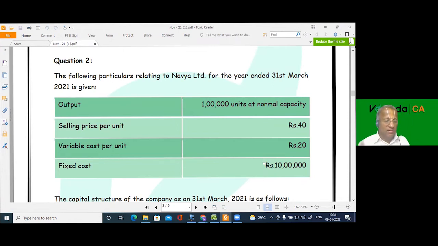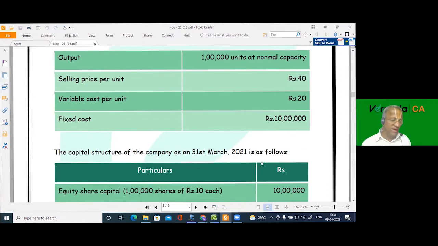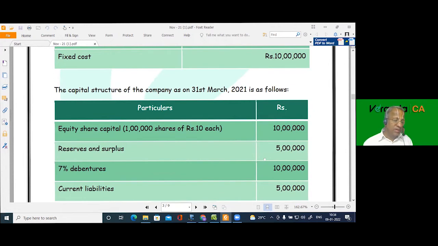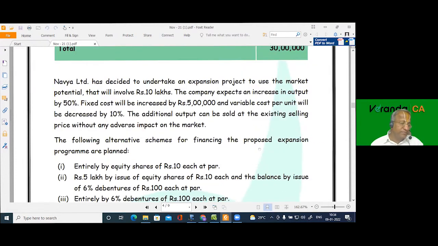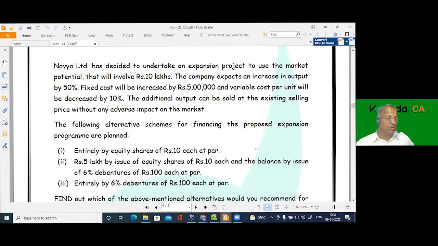Output 1 lakh units, normal capacity, selling price 40, variable cost 20, fixed cost 10 lakhs. Capital structure: equity capital 1 lakh shares of rupees 10 is 10 lakhs, reserves and surplus 5 lakhs, 7% debentures 10 lakhs, current liability 5 lakhs, total 30 lakhs. Navya Limited has decided to undertake an expansion project to use the market potential that will involve 10 lakhs. So for the expansion project, they require 10 lakhs.